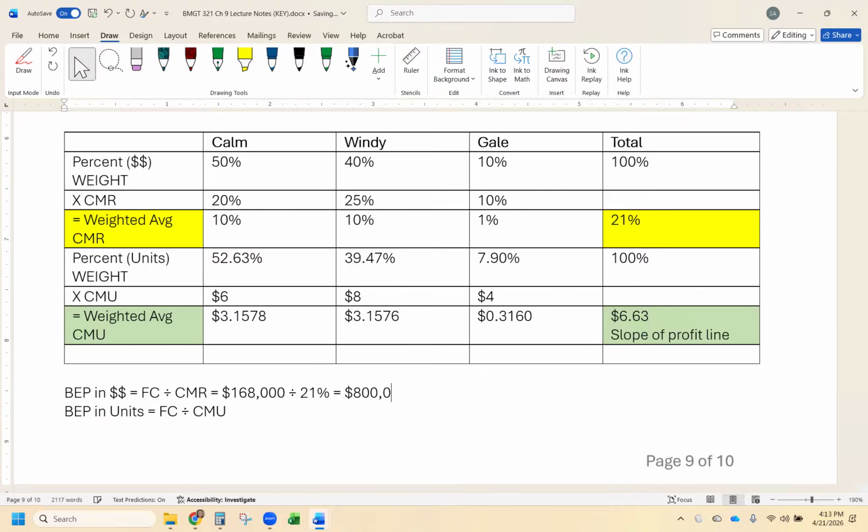That is 800,000. Now that 800,000 includes 50% of that is for calm, 40% of that is for windy, and 10% of that is for gale, because that's our sales mix. So this is 50% calm, 40% windy, and 10% gale is what makes up that 800,000 there.